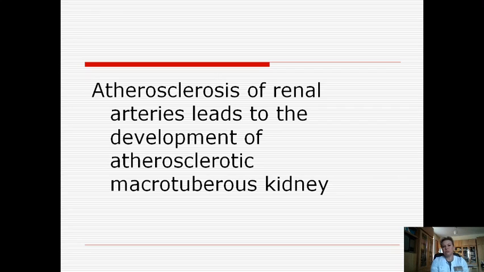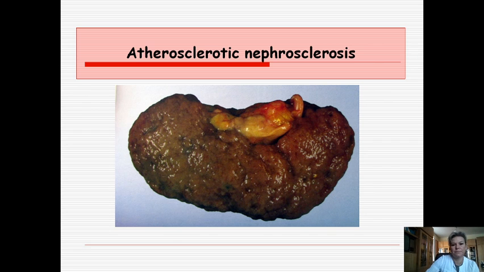Atherosclerosis of renal arteries leads to the development of atherosclerotic macrotuberous kidney as a result of formation of many necroses or infarctions and organization of those infarction zones, formation of macrofocal atherosclerotic sclerosis in the kidneys.